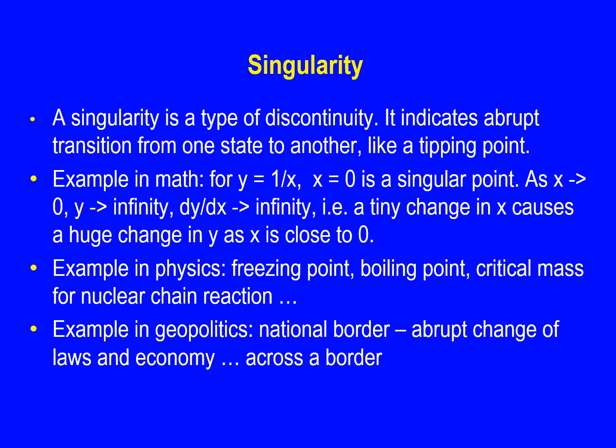A tiny change in mass near the critical mass can cause a huge change in the matter, a nuclear chain reaction. An example in geopolitics is a national border. As one crosses the border, just a tiny change in the physical distance will result in an abrupt change in the legal system and in economy.